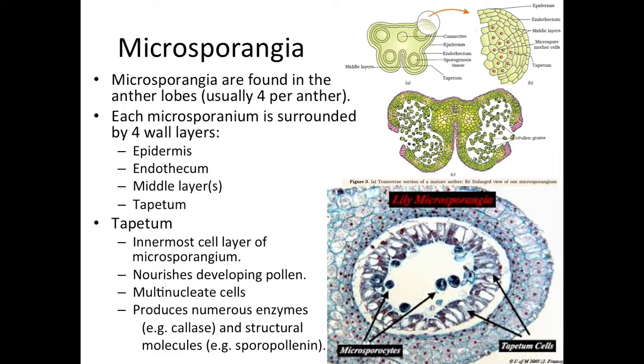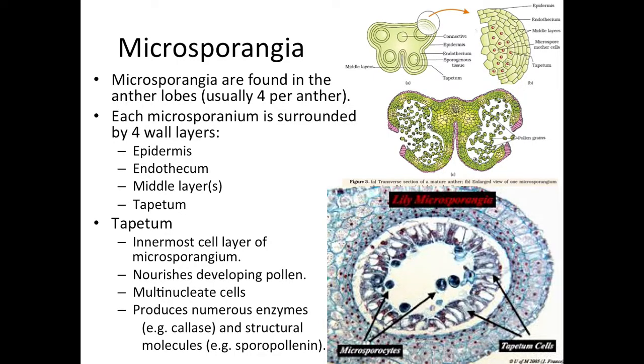Now, the tapetum, because it is a nutritive tissue, you can see here where in this microsporangia meiosis is already beginning. And so the tapetum has actually separated from the other layers of the sporangium, and it's beginning to be consumed by these microsporocytes.